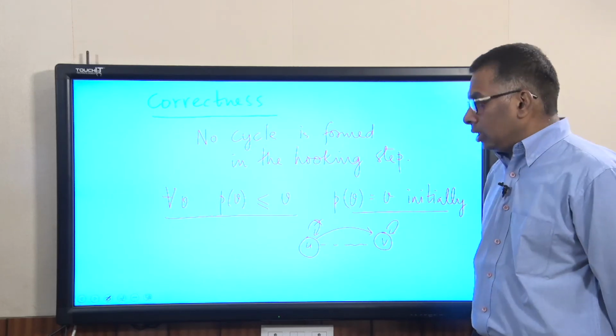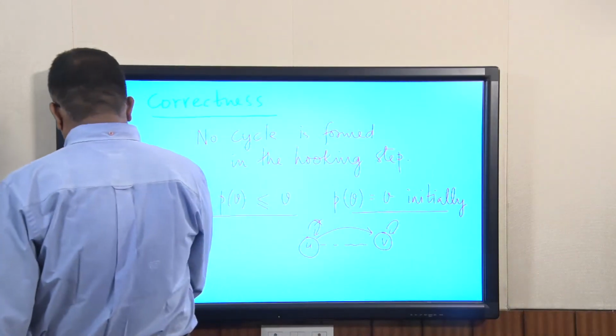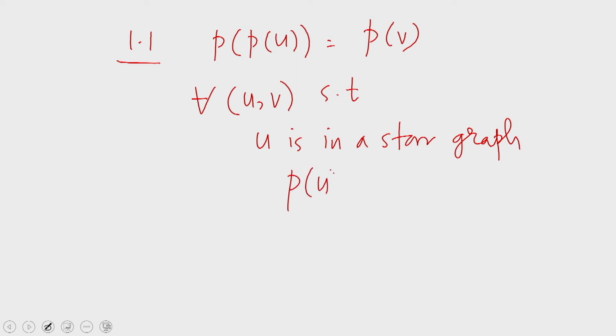So, this condition is satisfied at the end of the first iteration, and then it will be satisfied in the further iterations. For example, in step 1.1, what we do is this: we set P of P of u as P of v for all edges uv such that u is in a star graph and P of u is greater than P of v.